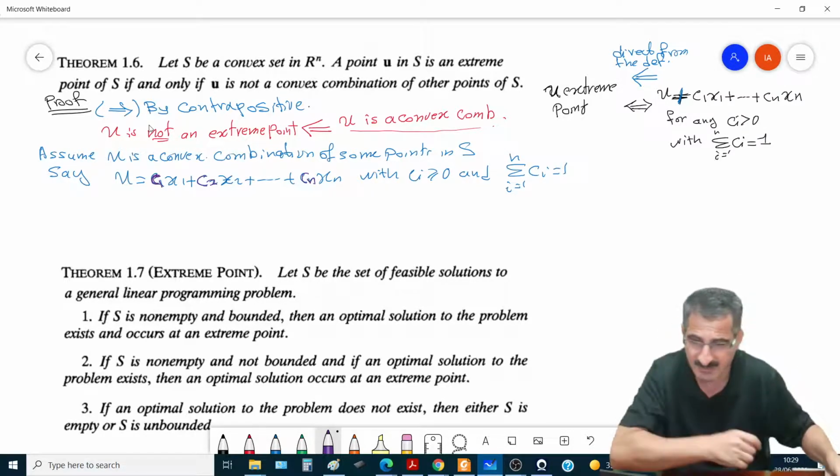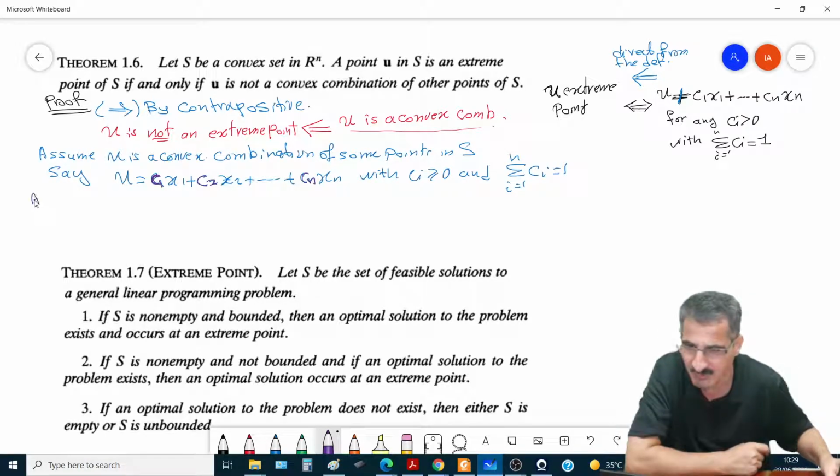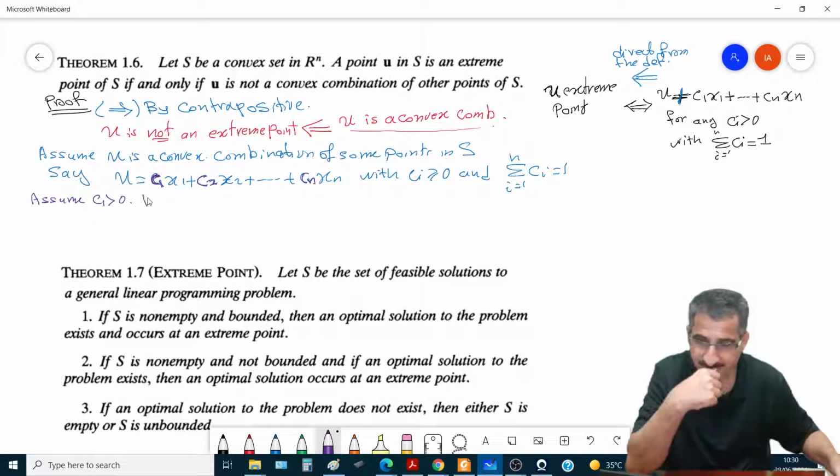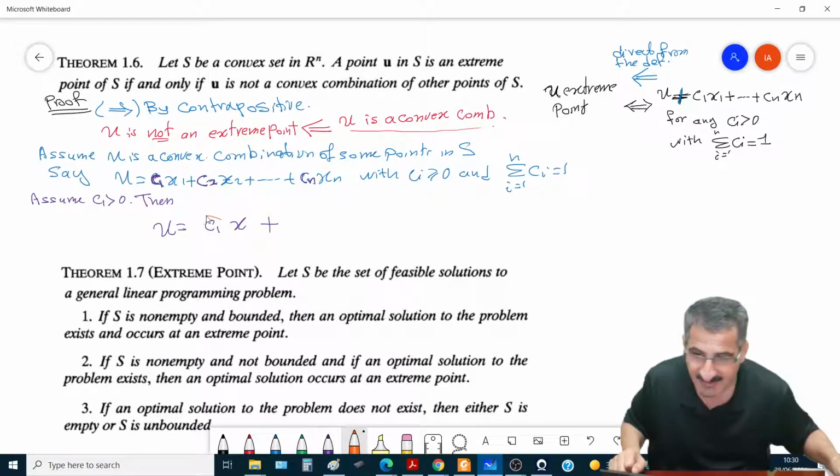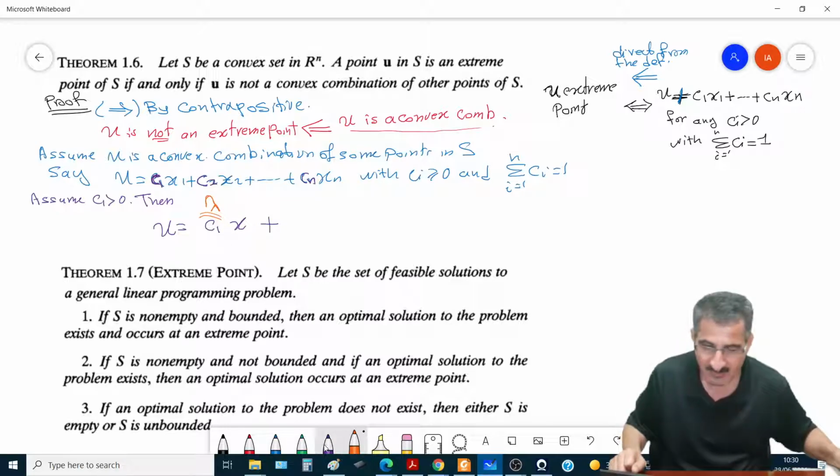So assume C1 is greater than 0. Then I want to write C1 x1 plus, now the idea here, this is my lambda. Now this is C1 x1.